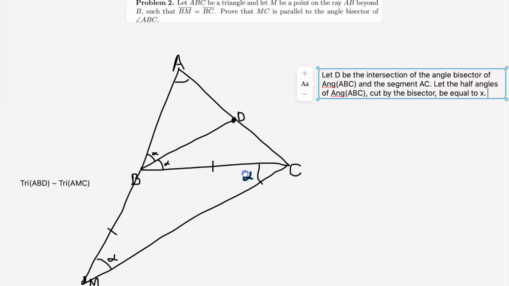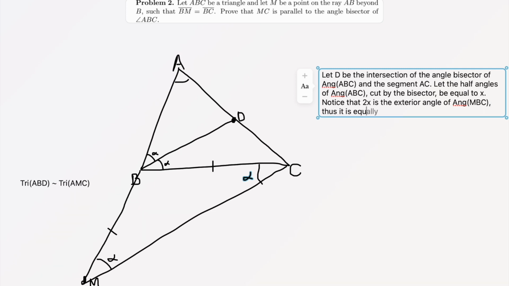Let's say, notice that 2x is the exterior angle of angle, what's that, MBC. Thus, it is equal to the sum of the remaining two angles.